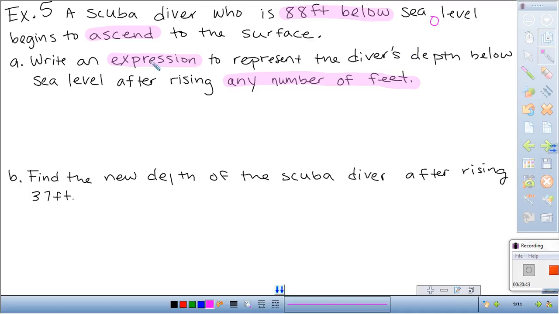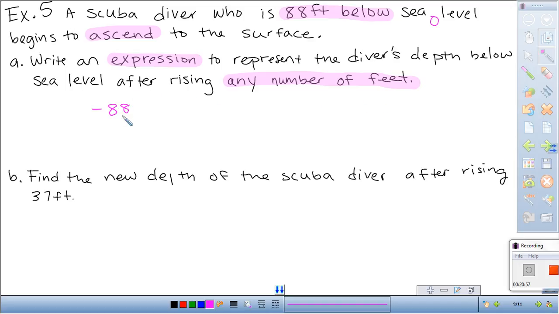They're wanting me to write an expression. That's just an equation without an equal sign. There's no equal sign. So I'm writing an expression about the diver's depth. Well, I know he's starting 88 feet below sea level. He's at negative 88. And it says to write an expression to represent the diver's depth below sea level after rising any number of feet.